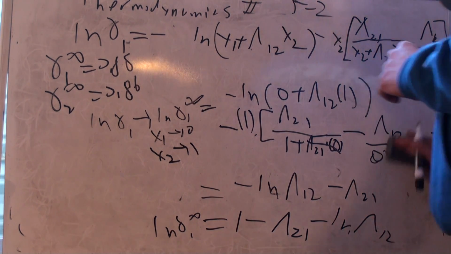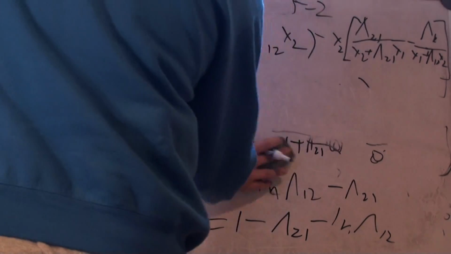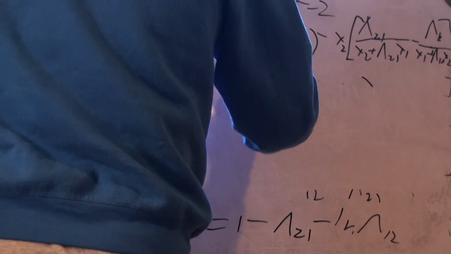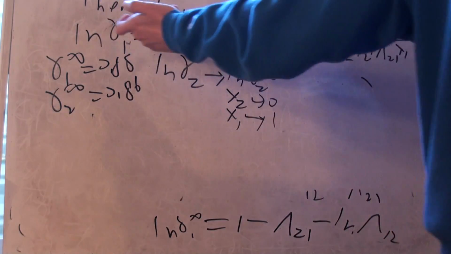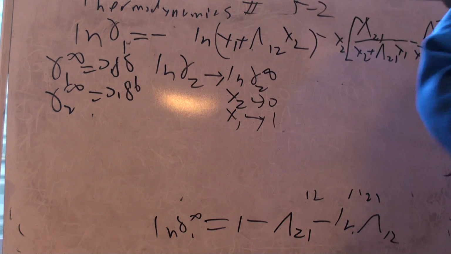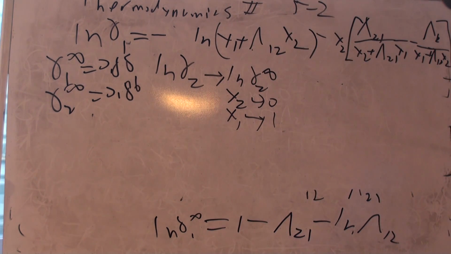So let's do that. I'm going to erase this one. Now I want natural log of gamma 2 to go to natural log of gamma 2 infinity as x2 goes to 0 and x1 goes to 1. Now right here I have natural log of gamma 1, natural log of gamma 2. What you'll notice in most activity models is that there's a level of symmetry.